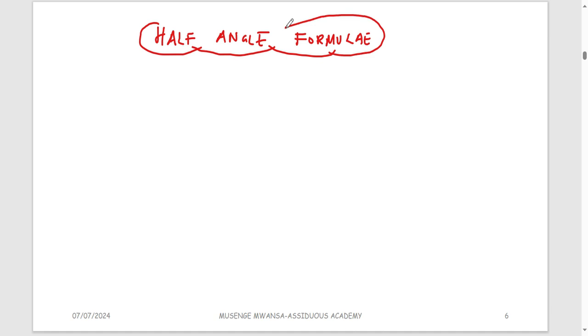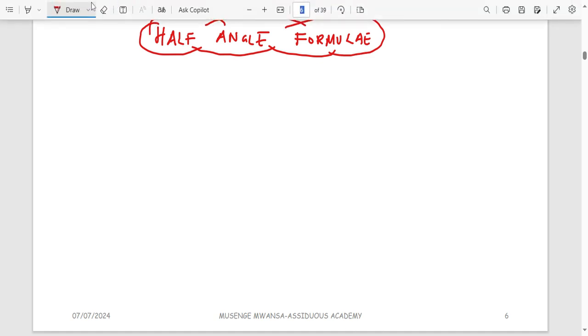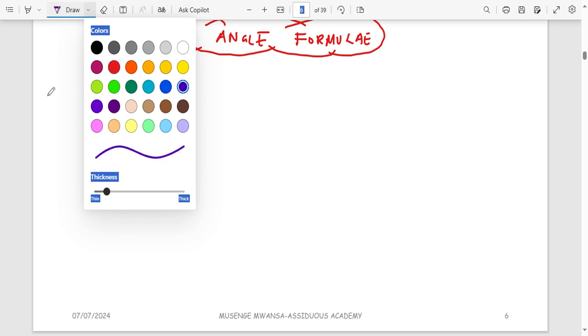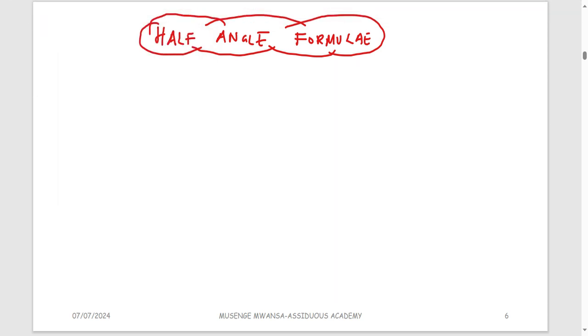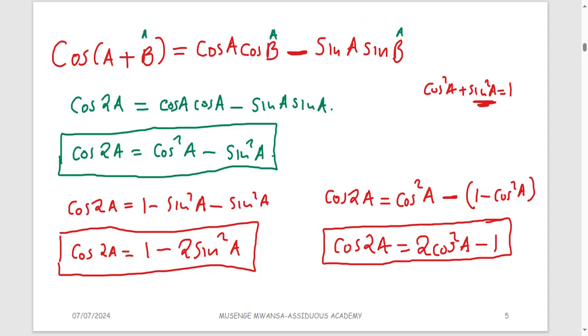Trust me, if you understand this, I can assure you shall never fail a question on trig. And this is coming in test 2. It is definitely coming in the exam.